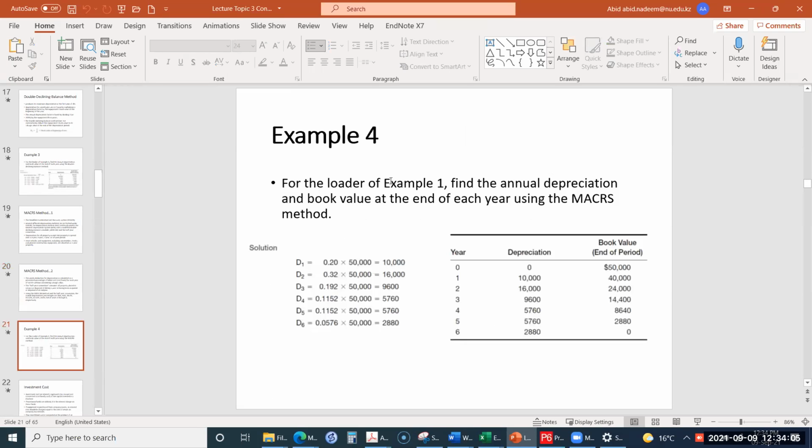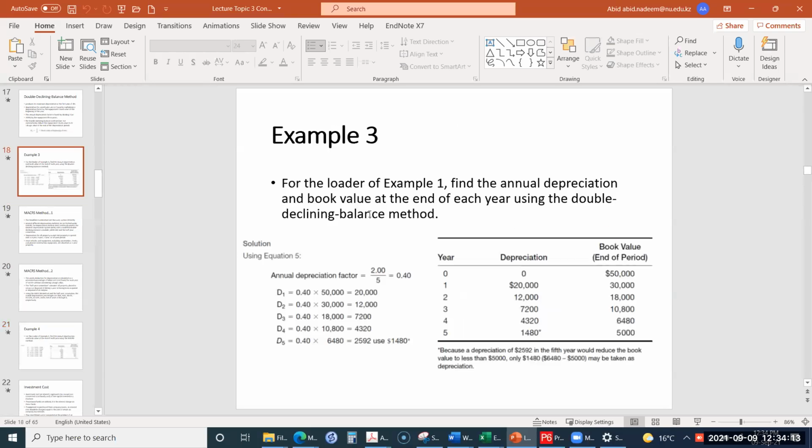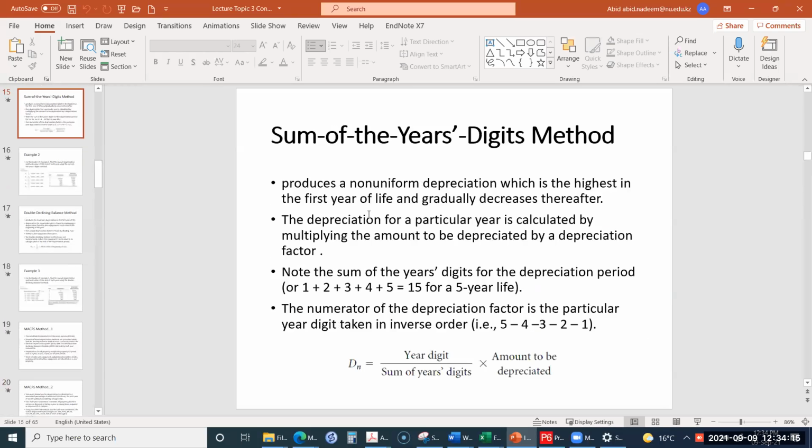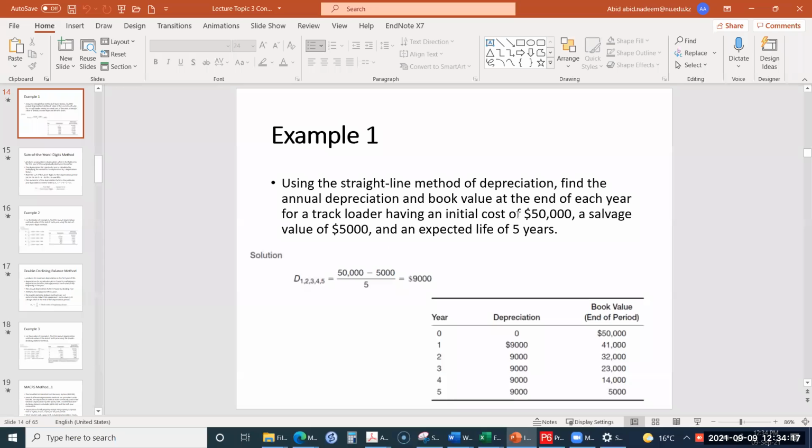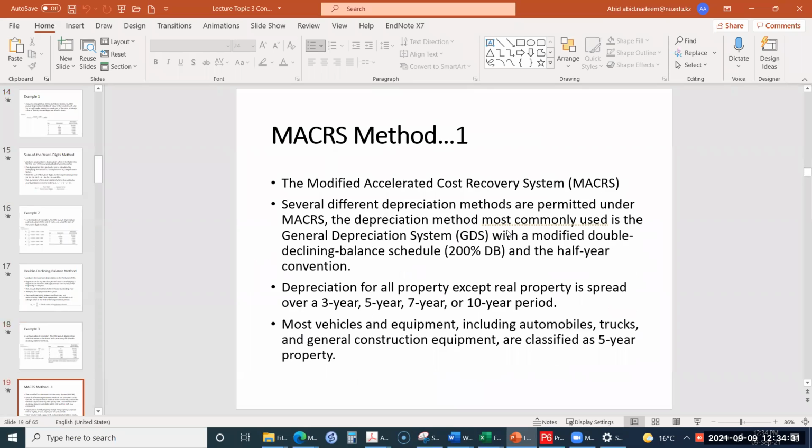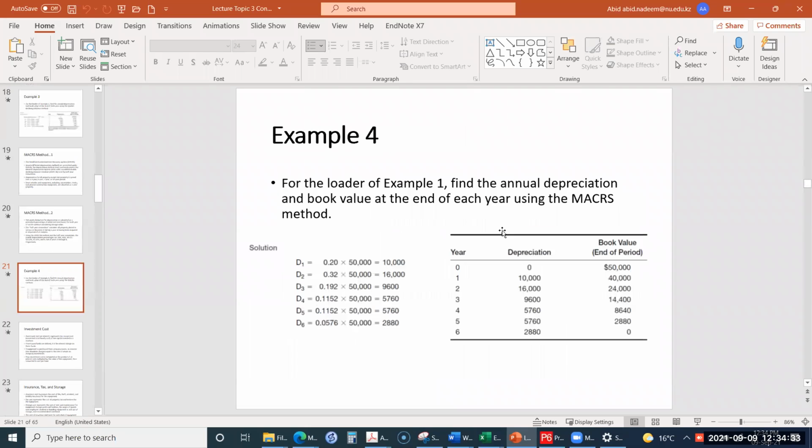For the loader of example 1, find the annual depreciation and book value at the end of each year using the MACRS method. In case you have forgotten, loader of example 1 had a cost basis of $50,000, a salvage value of $5,000, and an expected life of 5 years, which we are taking as the tax life here.